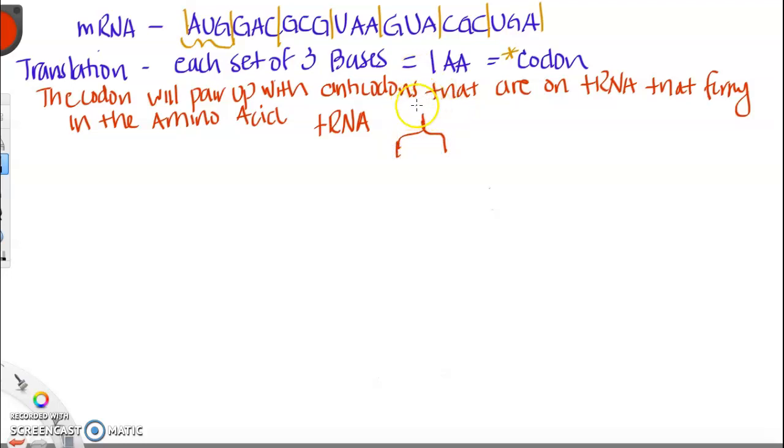So the first one would be UAC. And we'll put the amino acid up here.